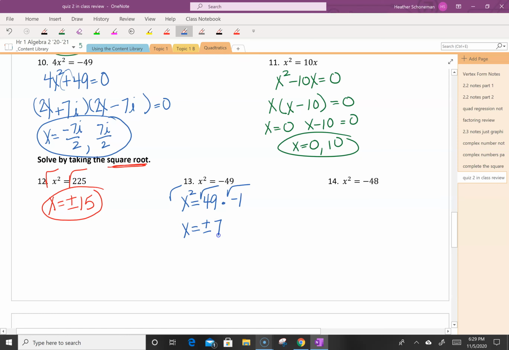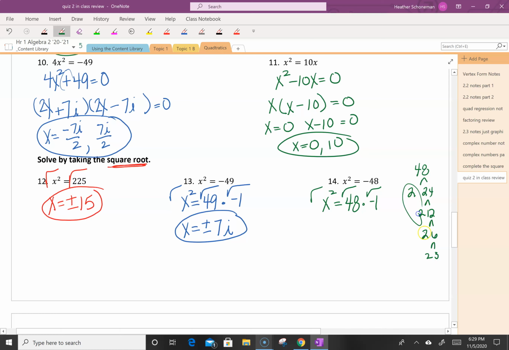On the last one, I'm going to rewrite that as x squared equals 48 times negative 1. Take the square root of everything. 48 is not a perfect square, so I'm going to have to make a factor tree. So 2 and 24, 2 and 12, 2 and 6, 2 and 3.